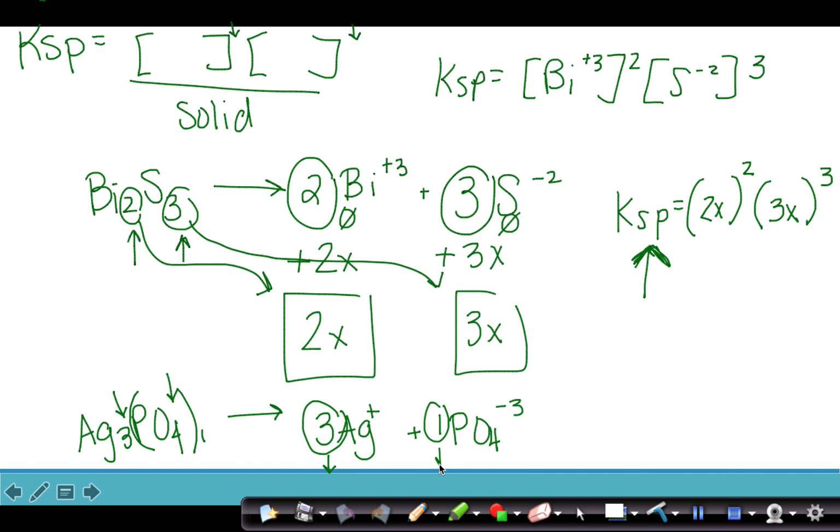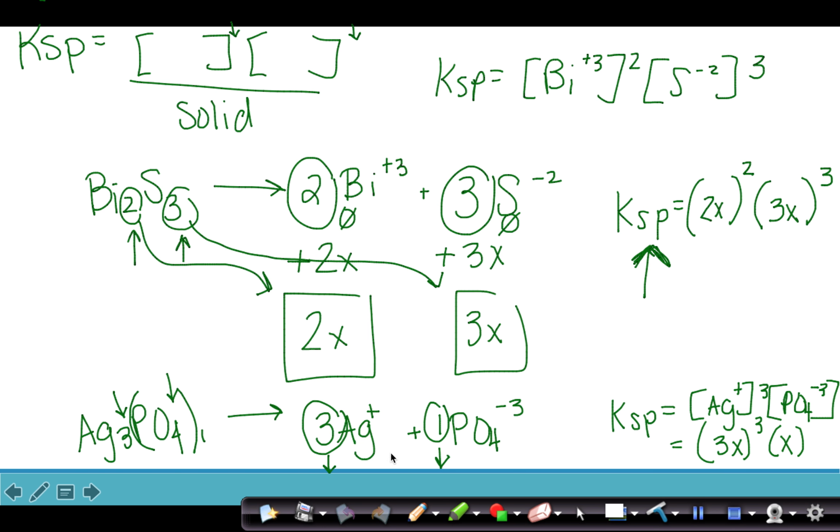Because this is a 1, this winds up being a plus x. So that's going to be a 3x cubed, and that's going to be an x. So the subscripts of the salt ions become the coefficients of the x's in the RICE chart and the exponents in the Ksp expression. So hopefully this gave you a little introduction on Ksp.